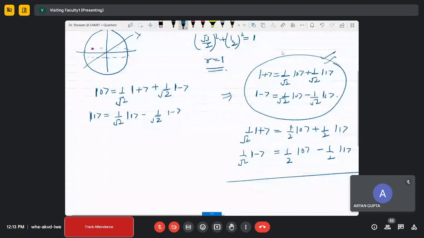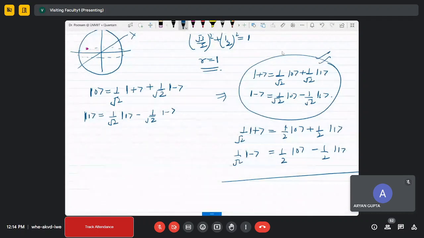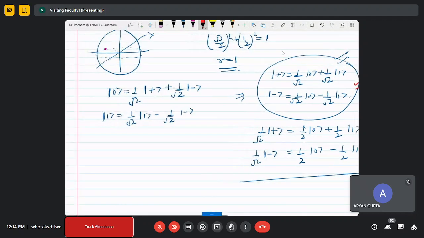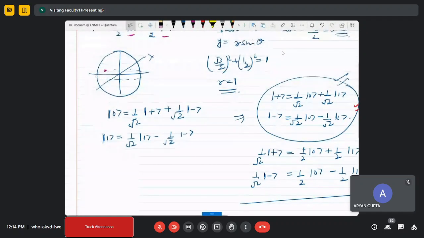Is it clear? And simply when you subtract it, you get 1. So this is how I have represented 0 and 1 in the form of plus and minus. And this we discussed in yesterday's class, if you remember, that plus minus means it is halfway. And from this, I have got the 0 and 1 measurement in the form of plus and minus. I suppose this conversion is clear to all.